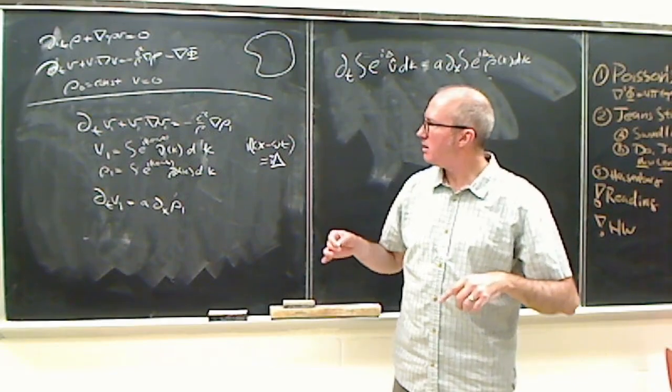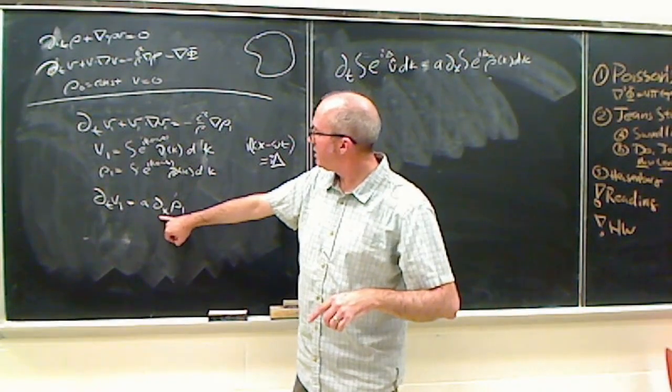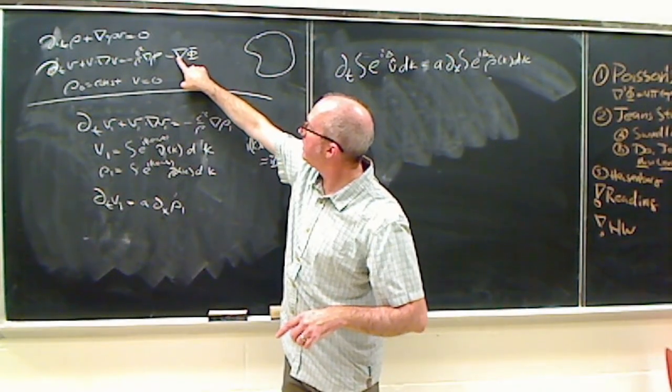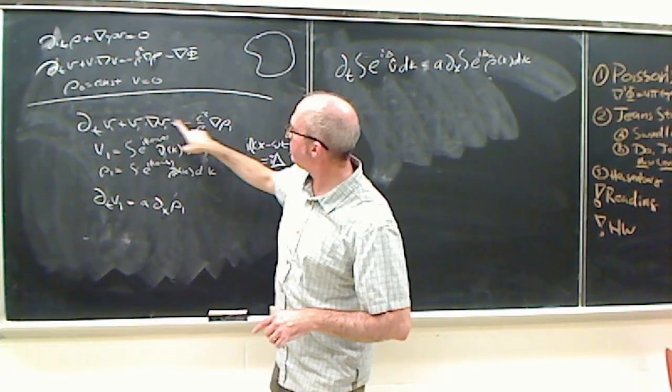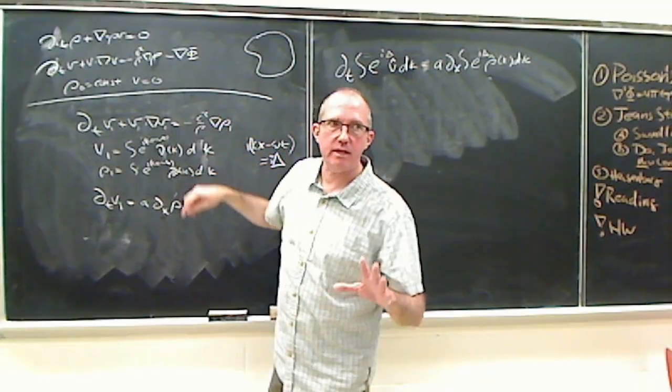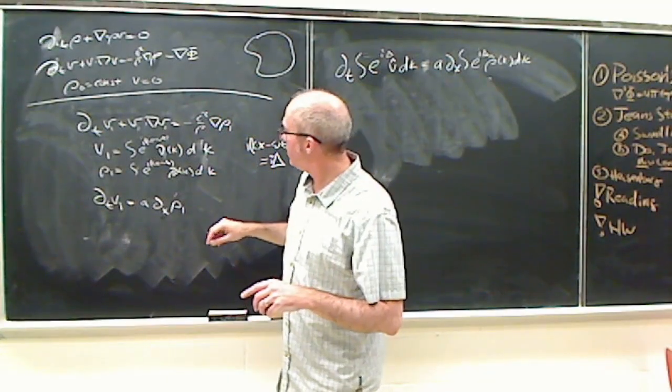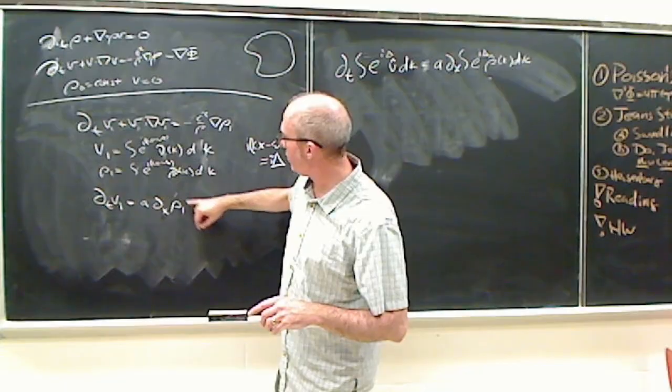Where did you get the A formula again? This is just continuity, but I'm throwing out this term, and I'm just going to rewrite this as A because I'm lazy. So this is just the same thing as the continuity equation.